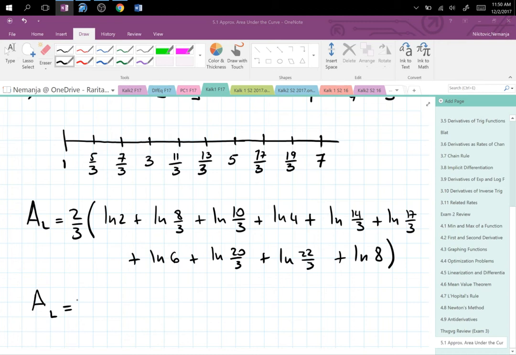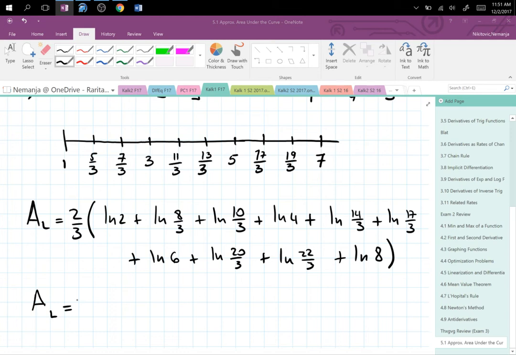Plus ln 6. Plus ln 20/3. Plus ln 22/3. You start shouting random numbers. Plus ln 8. Bingo. Is that what you want here?